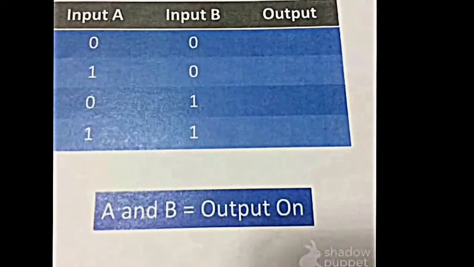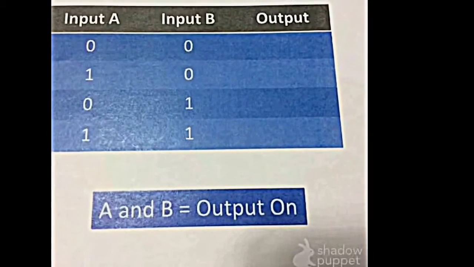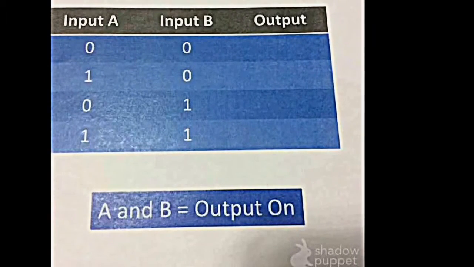So now we have an AND truth table. We're going to show you, if two inputs are on or off, what is your output. So let's start with an input A that is off and an input B that is also off. What would that give you?